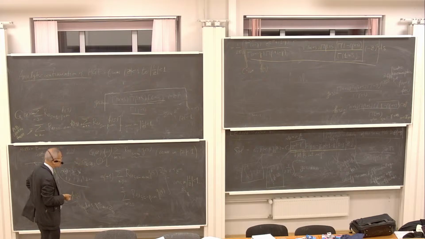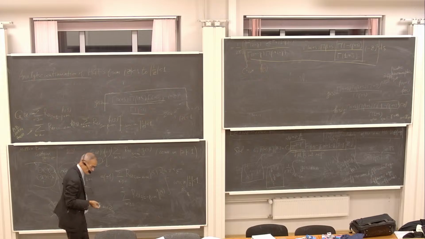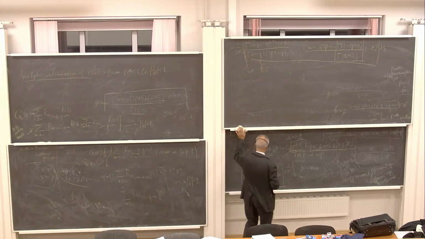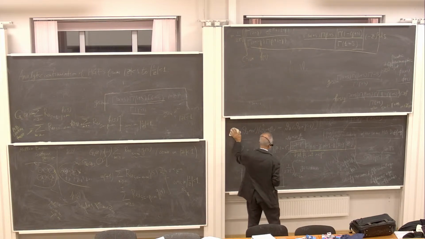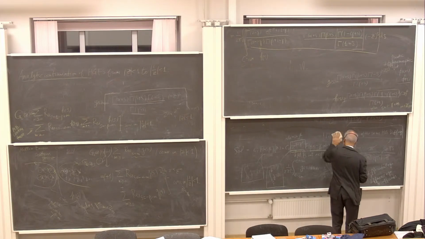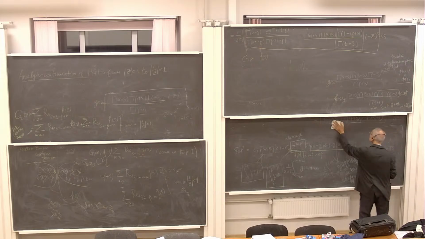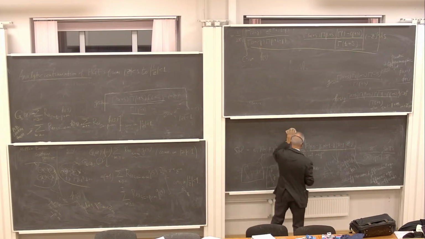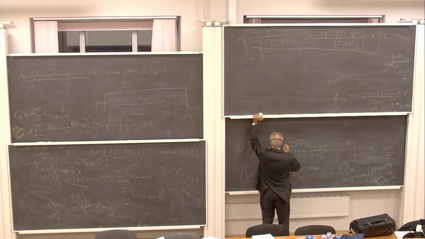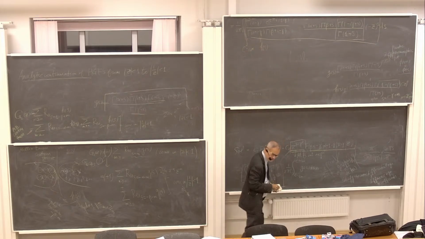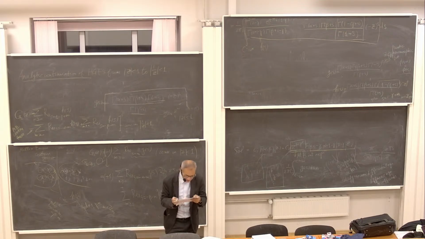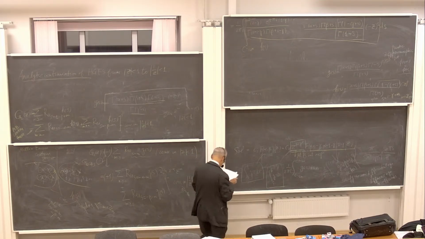So in summary, we got the following formula: the analytic continuation of G1 and G2.